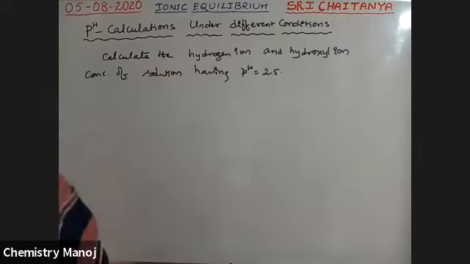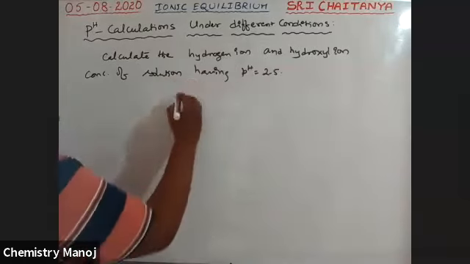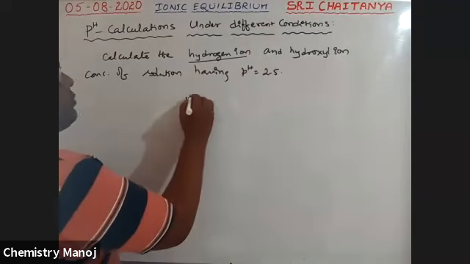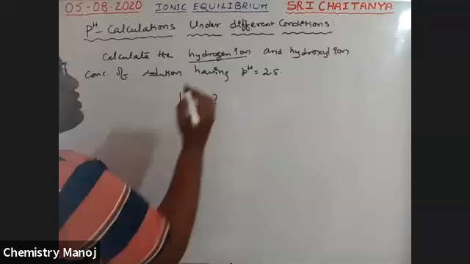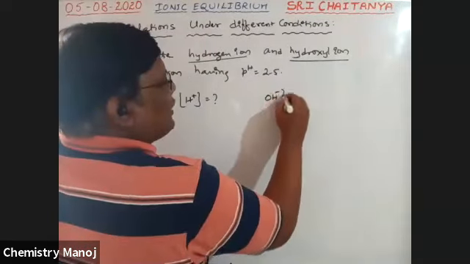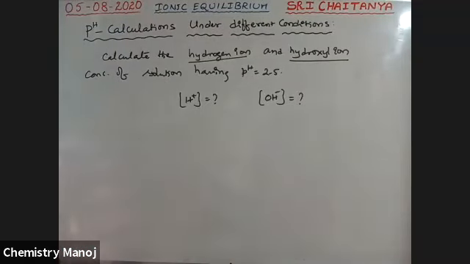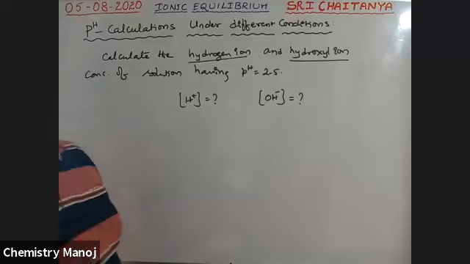You want to find out the hydrogen ion concentration and hydroxyl ion concentration. Hydrogen ion concentration means H plus ion concentration is equal to how much? Hydroxyl ion concentration means OH minus ion concentration is equal to how much?